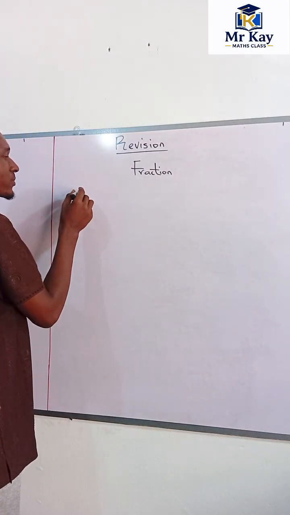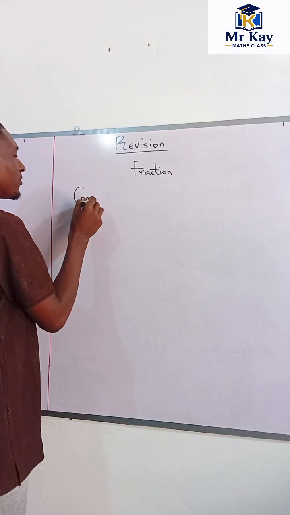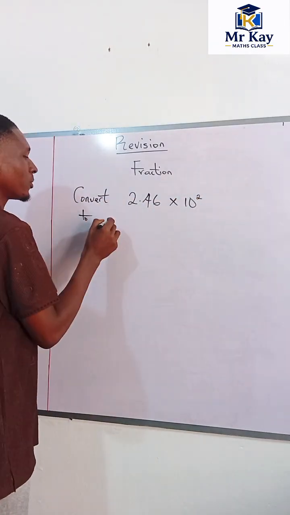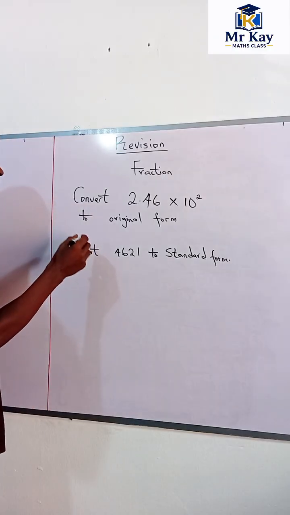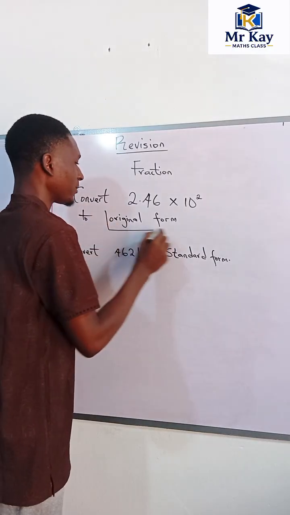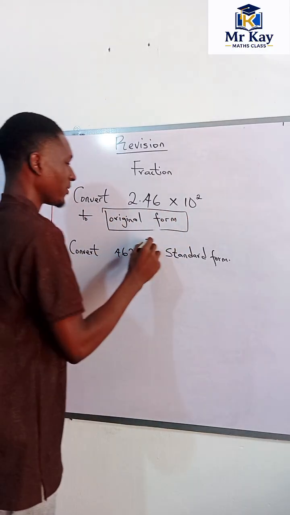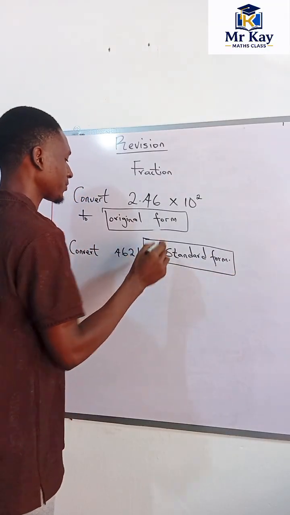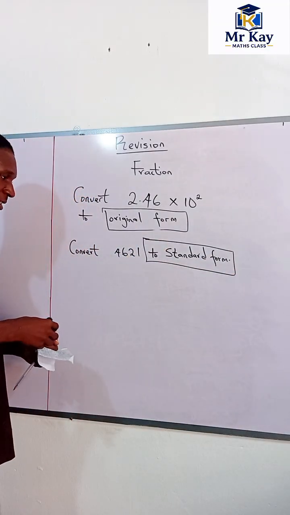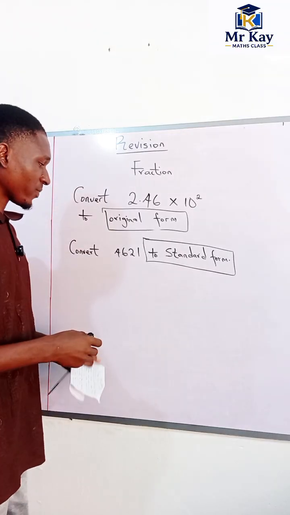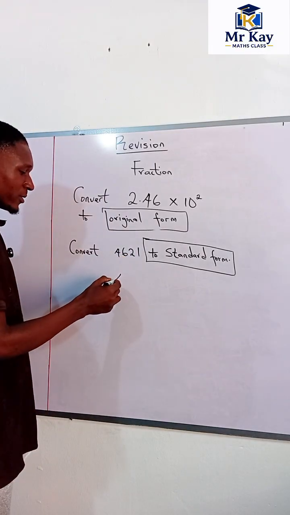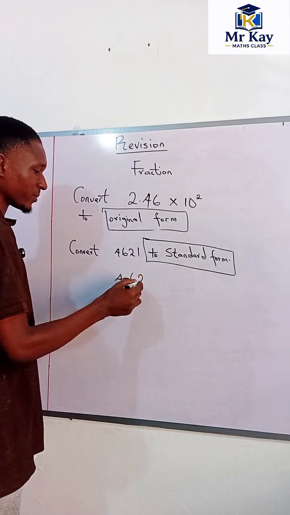In standard form, you can be asked to convert. So in standard form, you can have two different types of questions. Either you are converting to original form or you are converting to standard form. Remember, when you are converting to standard form, you have to make sure that there is only one number before the point. That means instead of 4621, it's going to be 4.621.